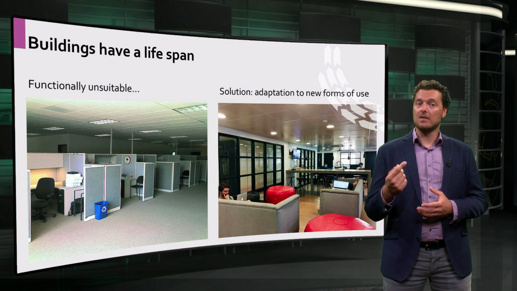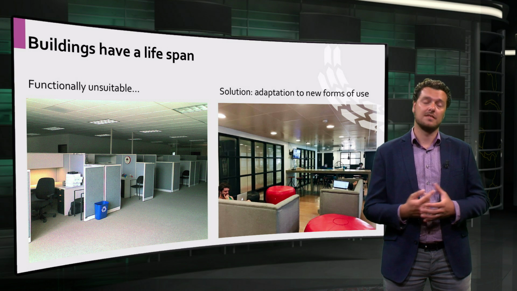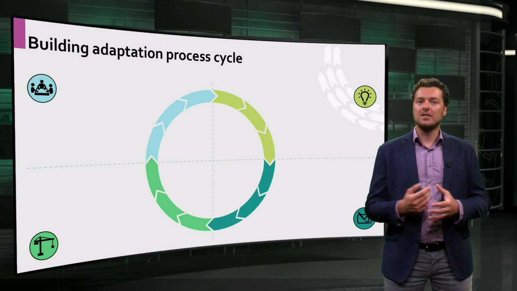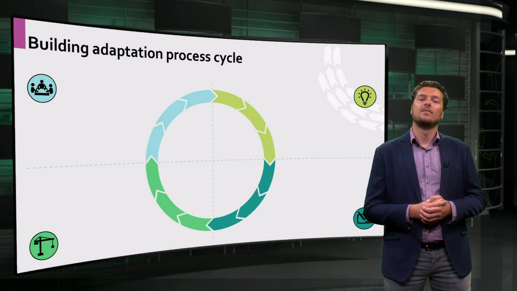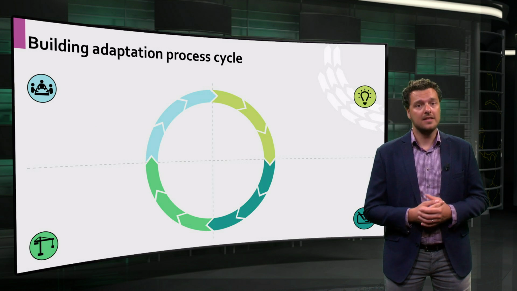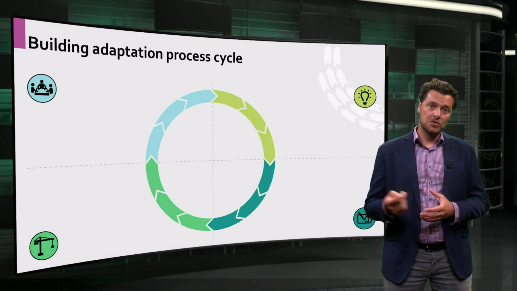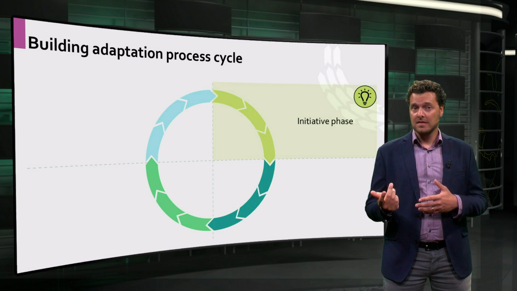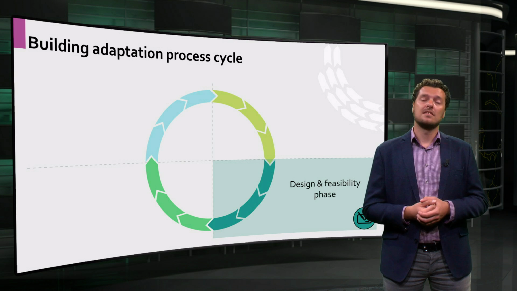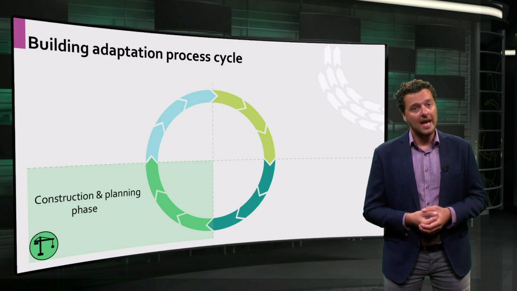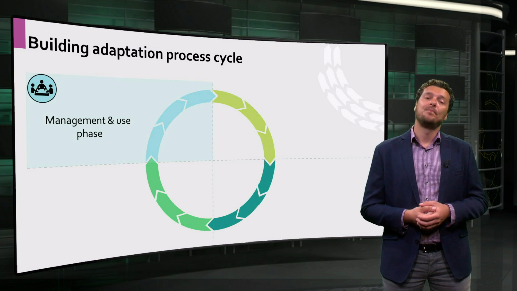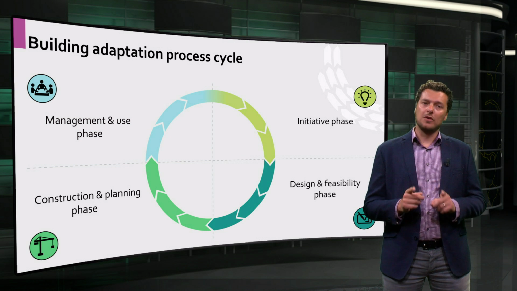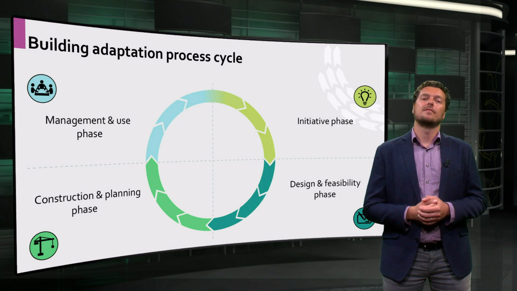Then we need to think about cyclical processes of adaptation. Let's talk about this building adaptation process cycle, which functions as a guideline in this course. The cycle consists of 4 consecutive phases: the initiative phase, the design and feasibility phase, the construction phase, and the management and use phase. The development of a new building starts with an initiative and ends in a management phase.